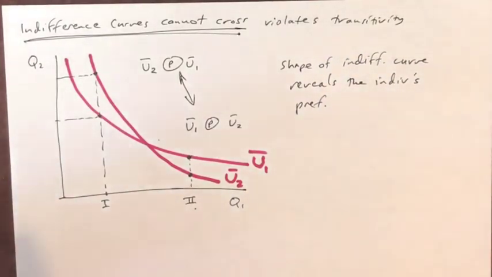So every individual may have different preferences, and that's going to express itself in a slightly different shape of the curve. Okay, we would have a different marginal rate of substitution based on that different shape. Okay, for two different individuals, right?